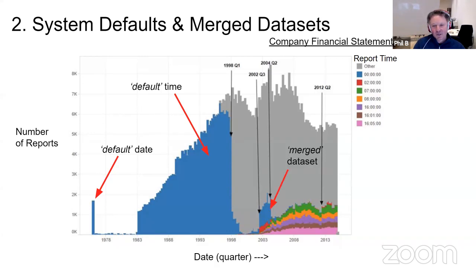Now there's another thing here, which is you can see what this data provider is. They're what's called a data aggregator. They buy data from other people and aggregate it into a big data set, and it's not all the same source. You can see where in this year, 2003, they merged the data set, because we've got a whole bunch of records where it's at midnight again.